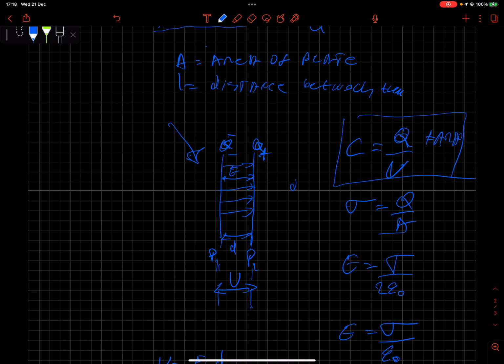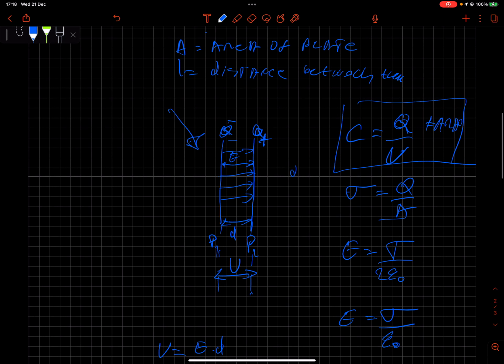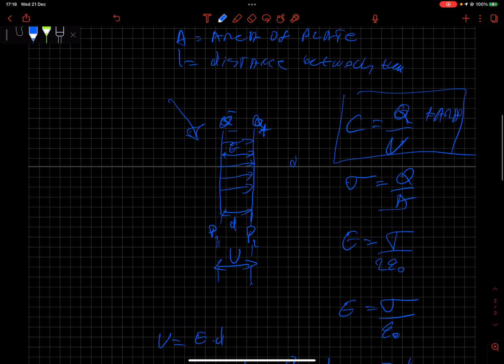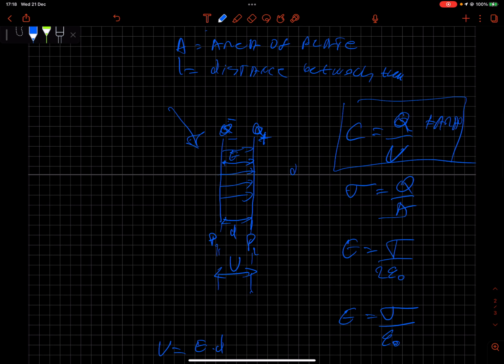And farad is quite a big unit. This means that with a potential difference of 1 volt, we have an amount of charge of 1 coulomb on each plate. This is a really big unit, and usually we have capacitors which are much smaller.